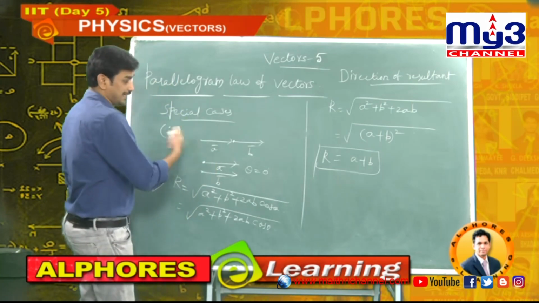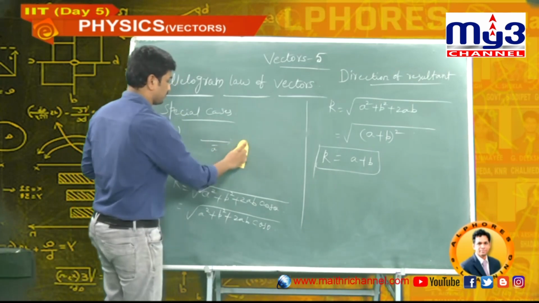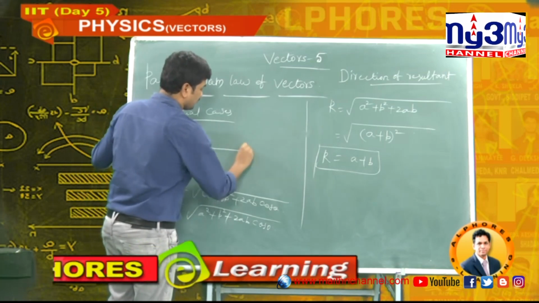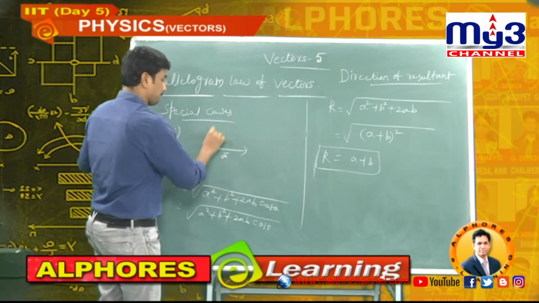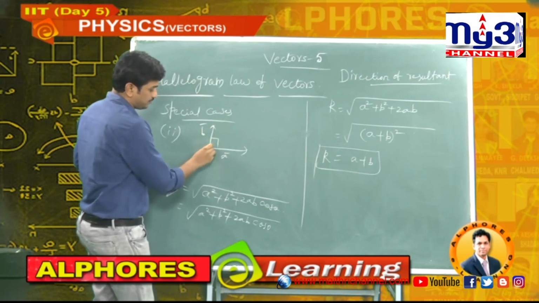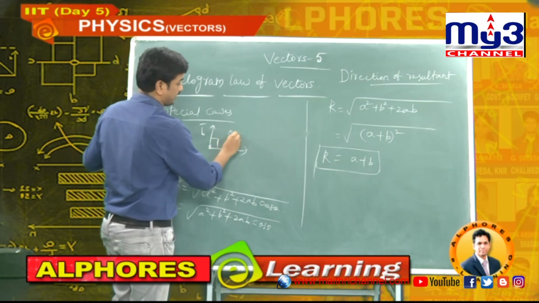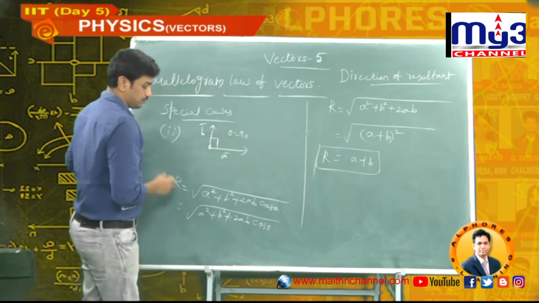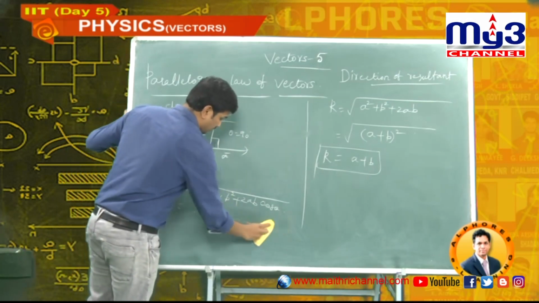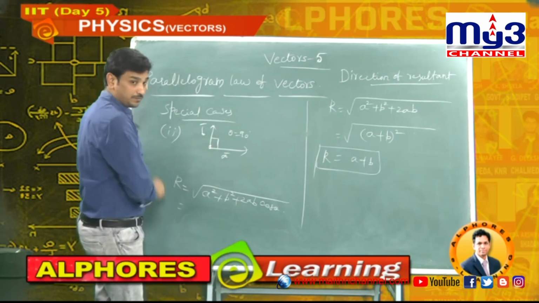Now, second possibility. What is the second possibility? A bar, B bar, angle 90, two tails, tail of A bar, tail of B bar. Now angle between two vectors 90. Once again, how to calculate resultant of A bar and B bar?